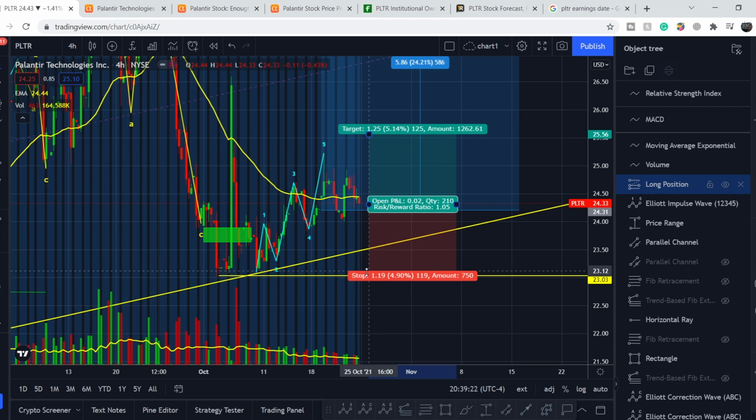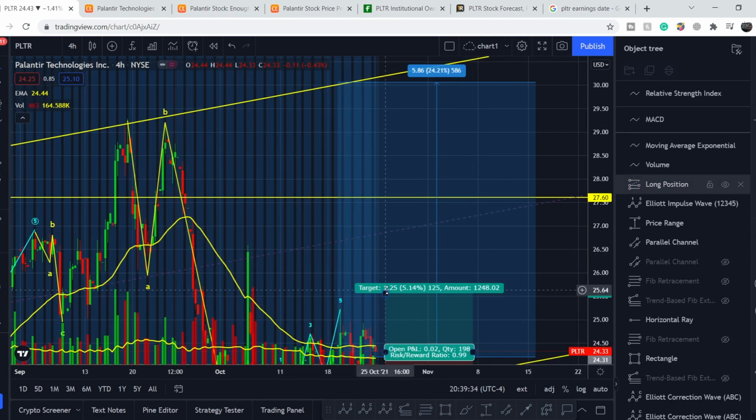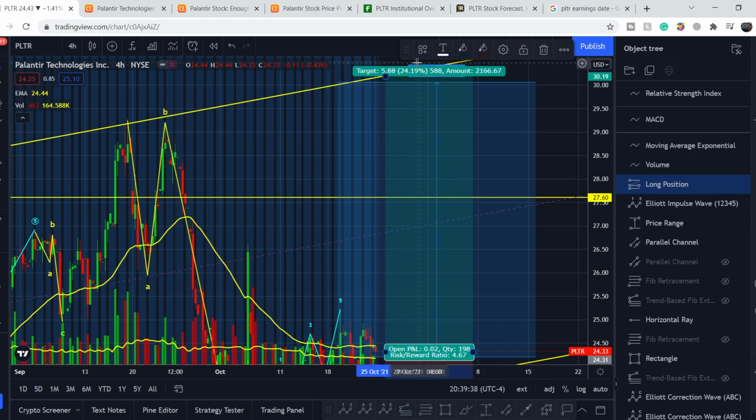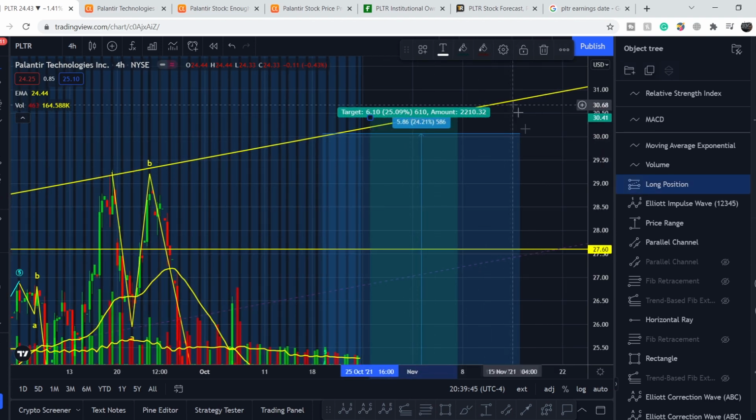That's why, in my opinion, we have to put our stop loss slightly below the major swing low. And our price target is right here at the top of this channel, and as you can see, we might have up to 25% depending on where we hit this channel.